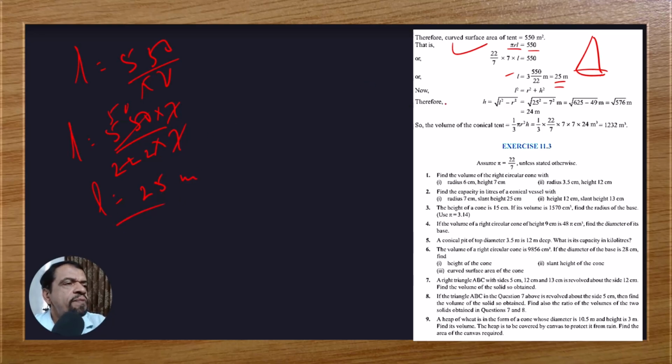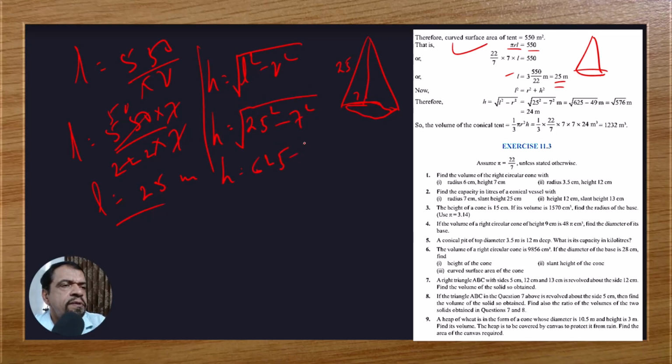Now with the help of Pythagoras, I calculated the height, because for the volume we need the height. L is 25 and radius is 7. So h is equal to square root of L square minus r square, 25 square minus 7 square, 625 minus 49 square root.